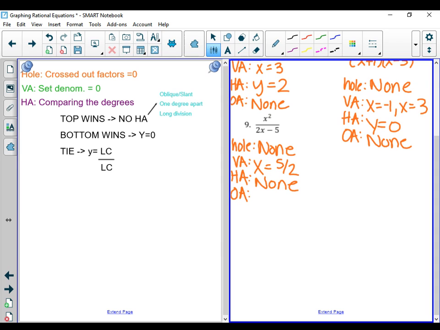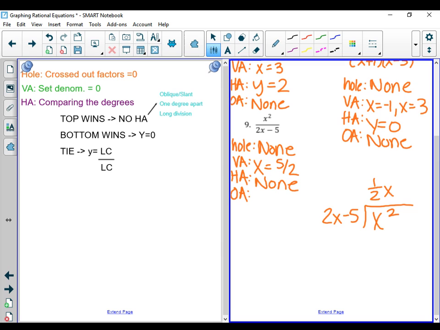Yeah, they are. Okay, so we're going to do 2x minus 5 into x squared. Okay, here we go. 2x times what is going to get me x squared? 1/2 x.